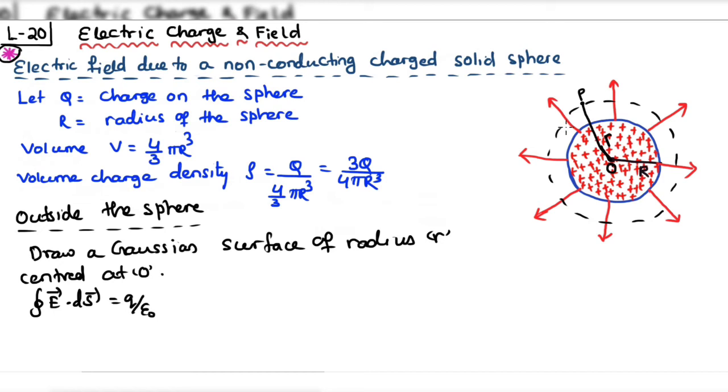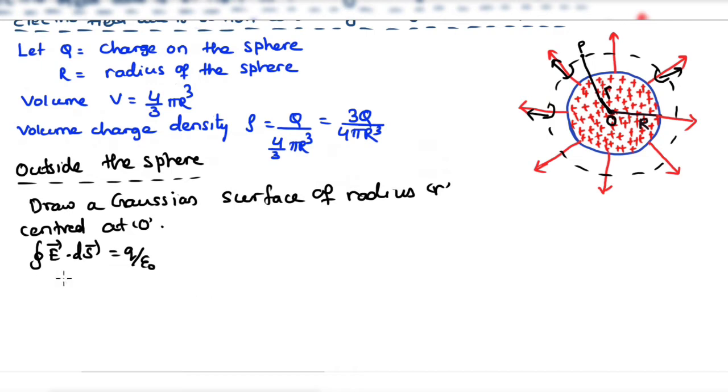If we choose a small element at any point on this Gaussian sphere, we'll see that the electric field and the area vector are parallel to each other, because both are radially outward. So E dot dS will be how much? It will be E dS cos 0, closed surface integration.